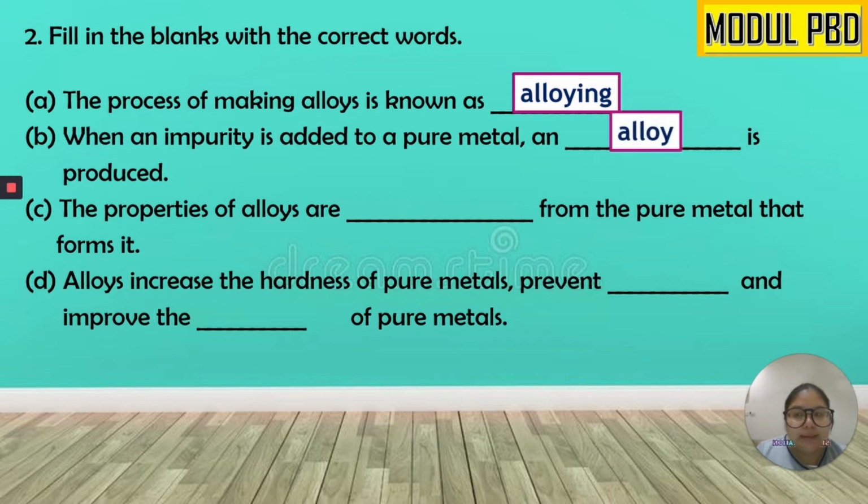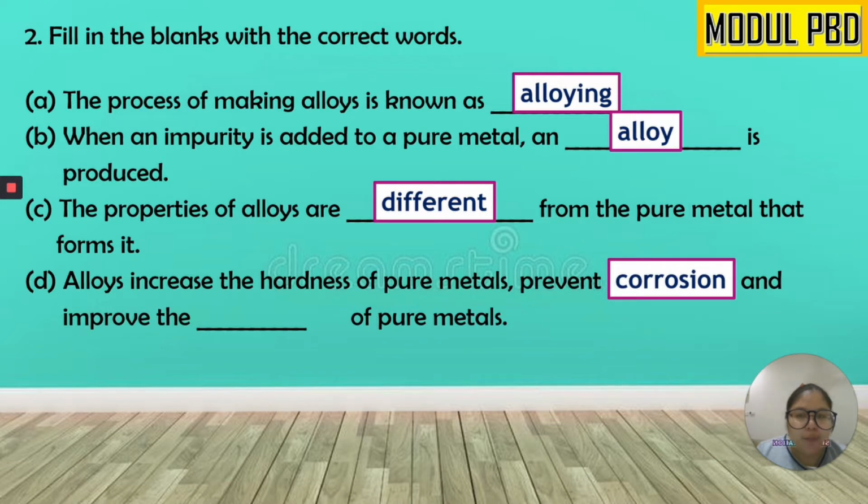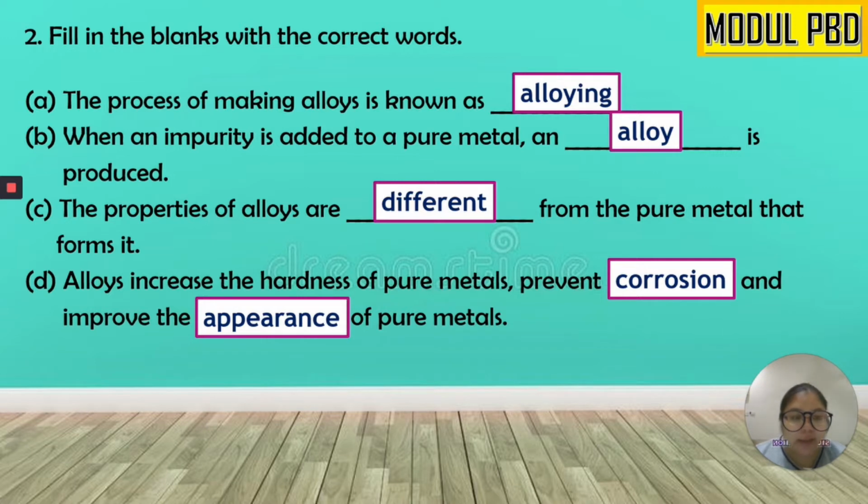C, the properties of alloy are different from the pure metal that forms it. They never say stronger, they just say the properties are different. D, alloy increases the hardness of the pure metal, prevents corrosion and improves the appearance, which means it makes it more attractive.